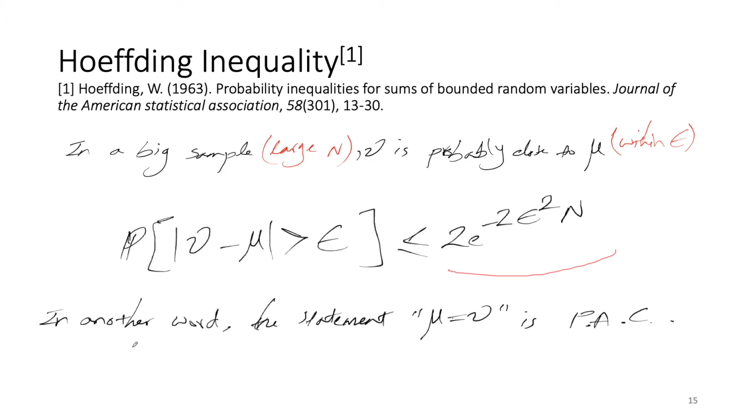And then we discussed the first instance of definition for PAC as the statement mu equals nu, right, is PAC, probably approximately correct. And that was the first notion of PAC learning for us. Okay?